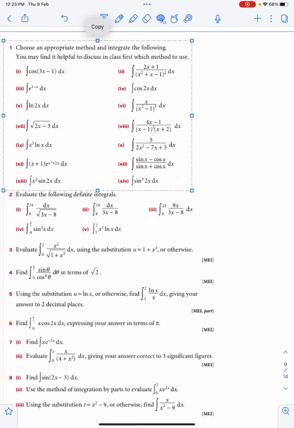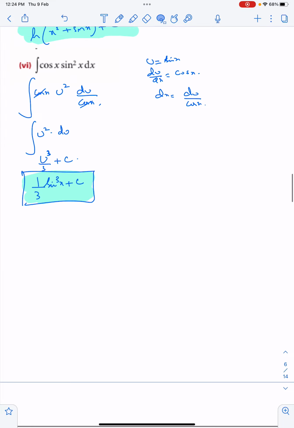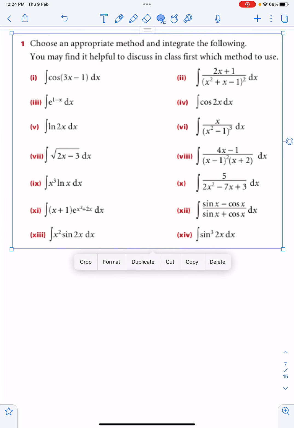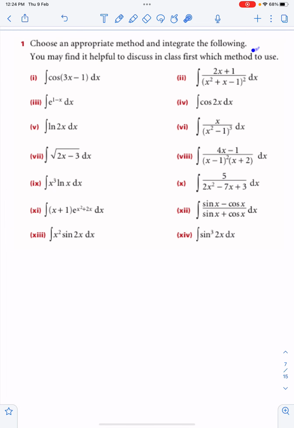Let's do some of these questions. Use an appropriate method and integrate the following. You may find it helpful to discuss in class first which method to use. Okay, let's start with the first one. This is something very simple.